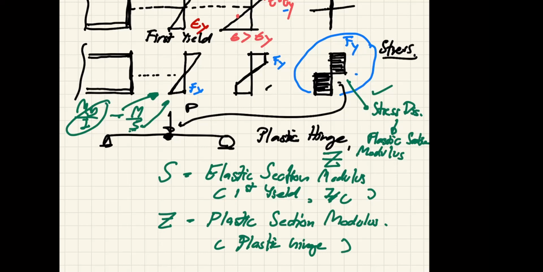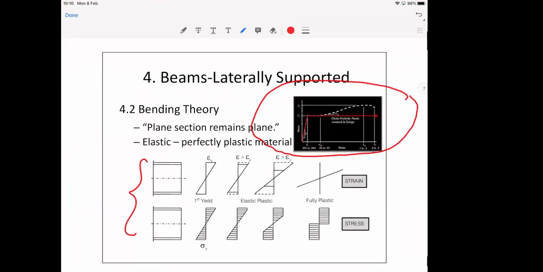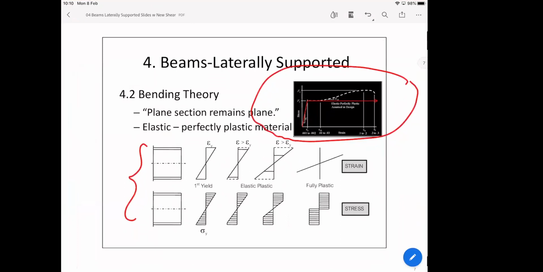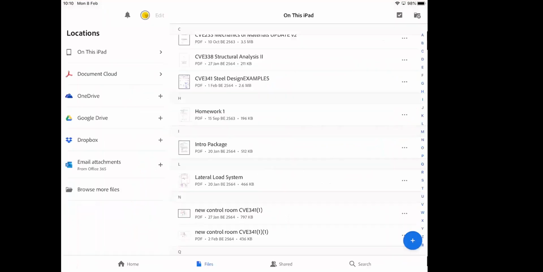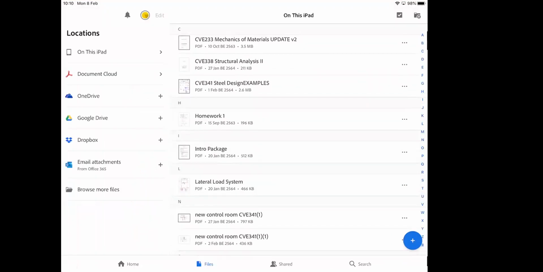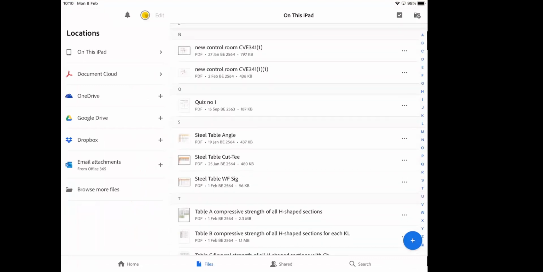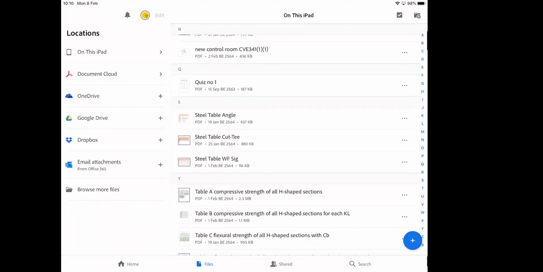Now, a little bit about the tables that I have given you. That's the engineering table. When you look at it, where is it? Steel table.